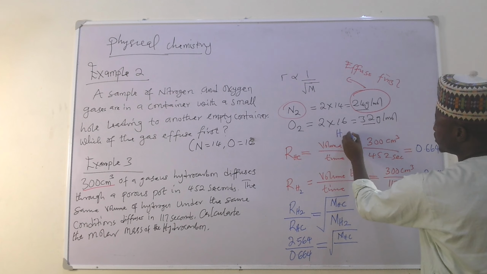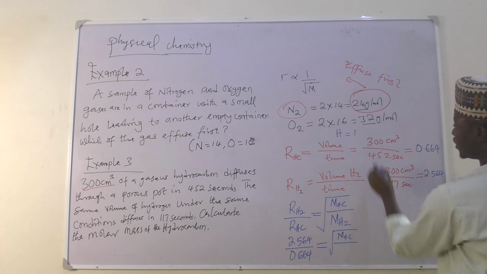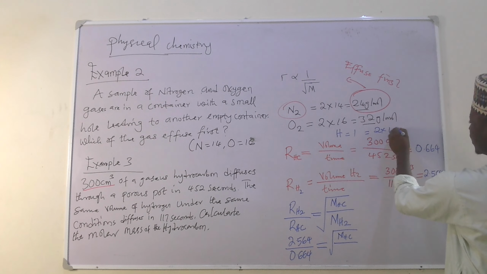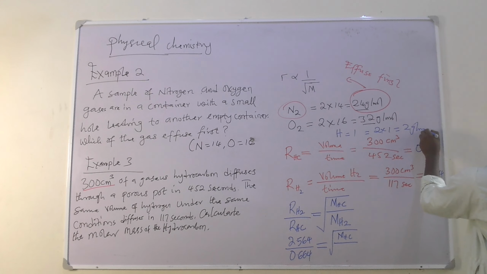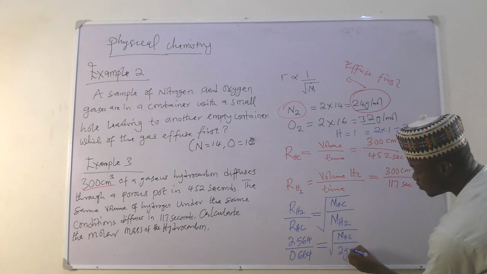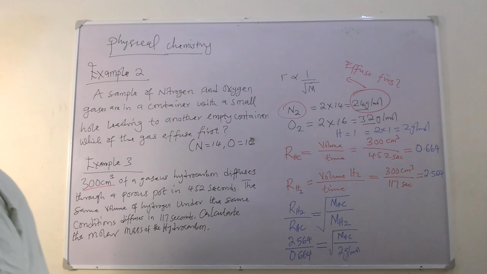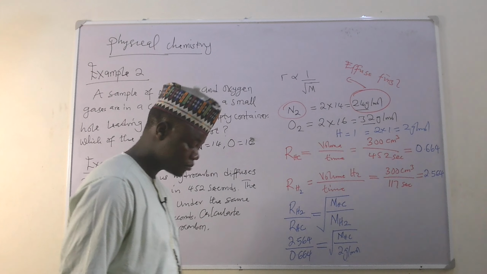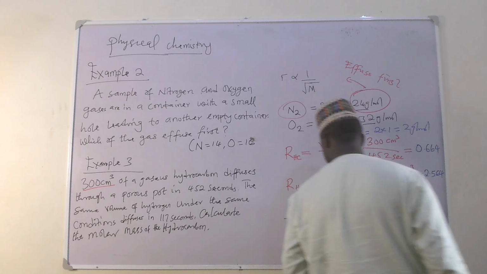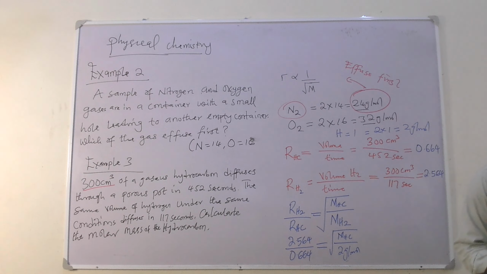And you know that the mass of hydrogen is 1, and we have 2 hydrogen here. So we have 2 times 1, making 2 gram per mole as the molar mass of hydrogen. The next thing now is to check our calculator and divide 2.564 by 0.664.